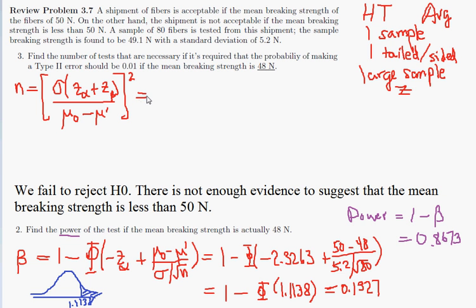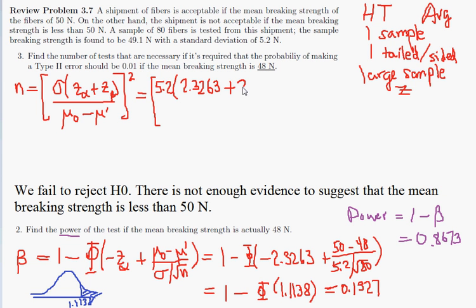In our case, we estimate sigma to be equal to 5.2. Z sub alpha we've already determined to be equal to 2.3263. And remember that the z's are always positive numbers, though the critical value itself could be negative. Z sub beta is going to be the exact same thing because we're looking for the probability of a type 2 error to also be 0.01.